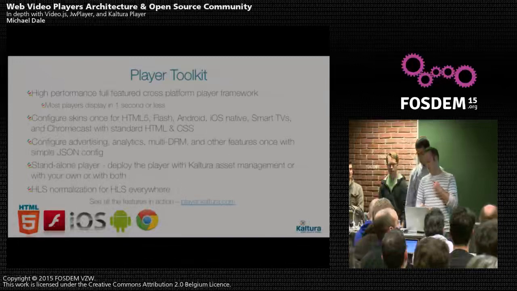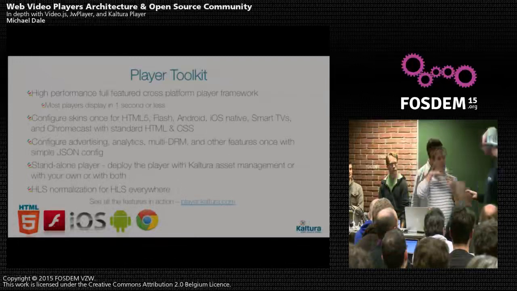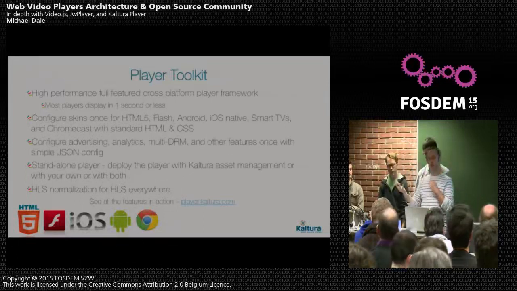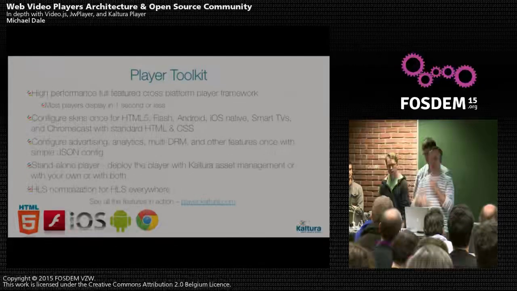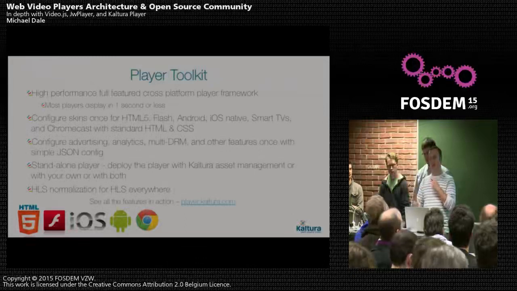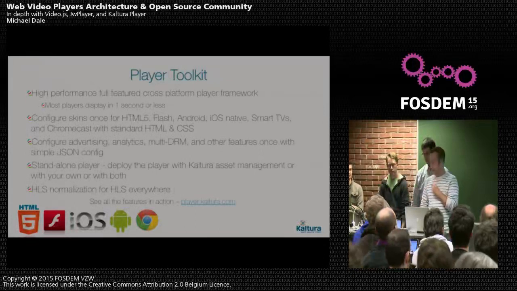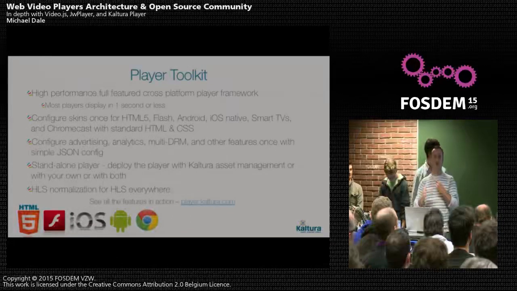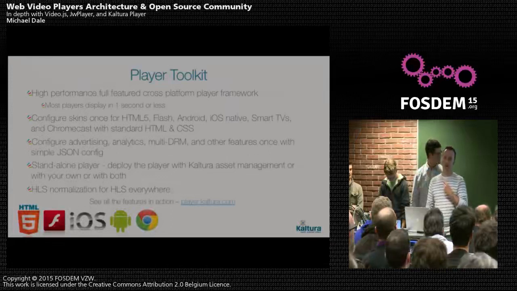And then here's another basic. So going back to the player framework itself, it's all JSON-driven, CSS, HTML templates, what you would expect for a modern web HTML-driven player. It also has some extra features around HLS normalization, which just means a software HLS player in the case of desktop Flash, and a software HLS player for Android as well.